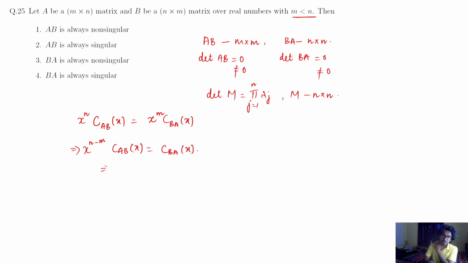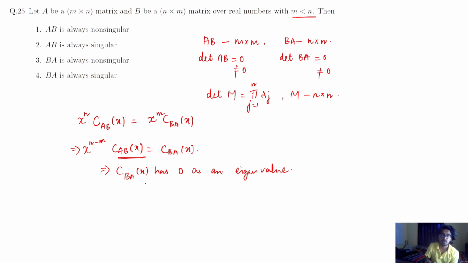So it means the characteristic polynomial of BA has 0 as an eigenvalue. How do we conclude it? No matter what the characteristic polynomial of AB is, it has to be multiplied with x power n minus m. That n minus m is a positive quantity, hence 0 must be an eigenvalue of the matrix BA.